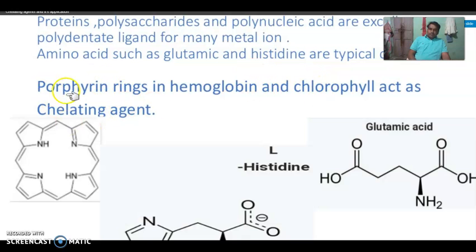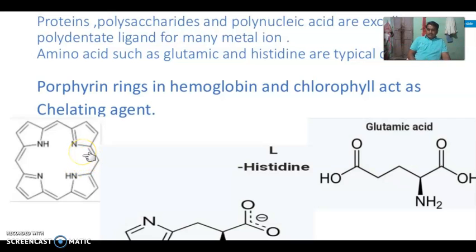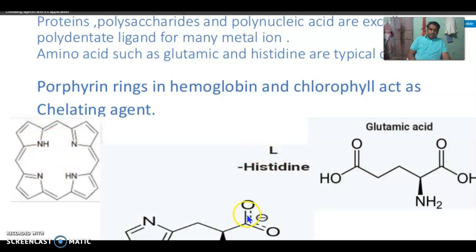The porphyrin ring acts as a chelate to coordinate the metal ion. This is the porphyrin ring. This is histidine, a naturally occurring amino acid. This is glutamic acid, which is also an amino acid.